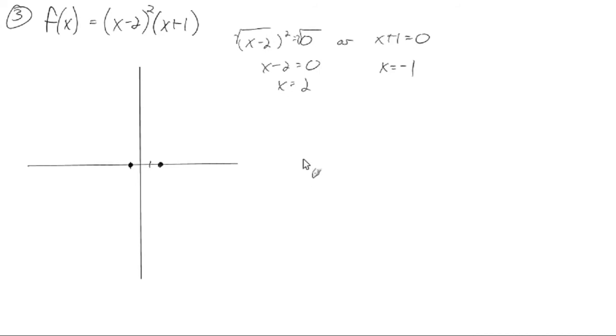We just need some more points. We need some more data. So let's create an XY table. Now, how many points is enough? That's a good question. Well, really, what we're trying to get an idea for here is, does the graph come from down here and cross through this x-intercept? Does it come up here and touch this x-intercept and go back down? And likewise for this one, does it come from up here and cross?